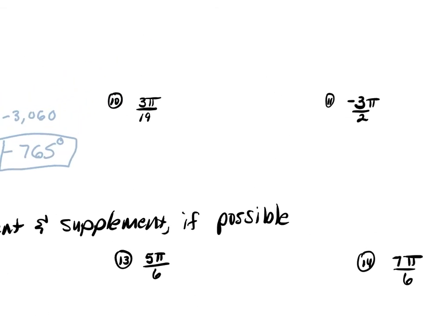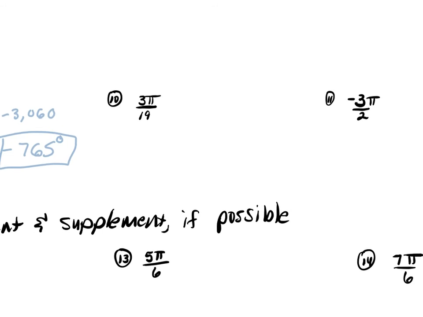Let's look at number 10. How would we convert this to degrees? You would multiply it by 180 over pi. Awesome. So the pi's cancel out.